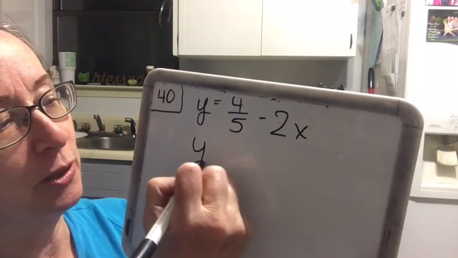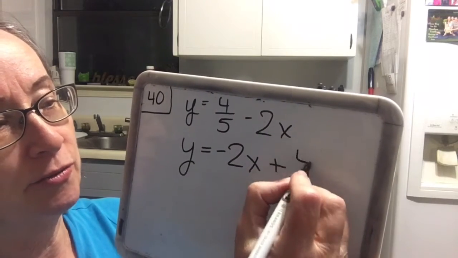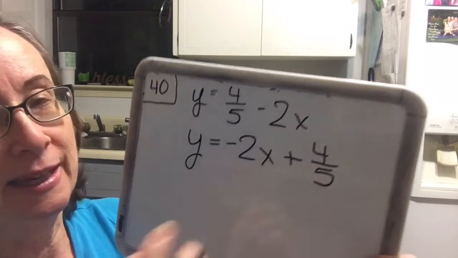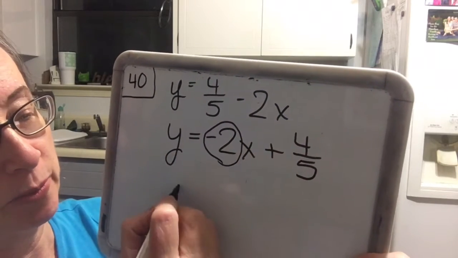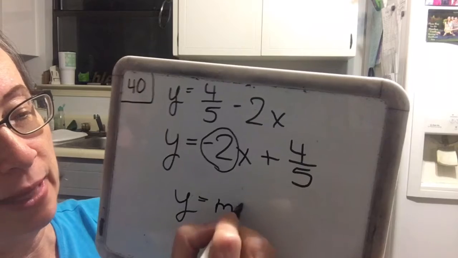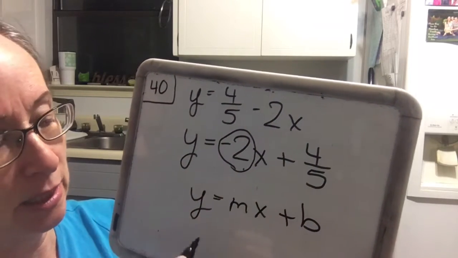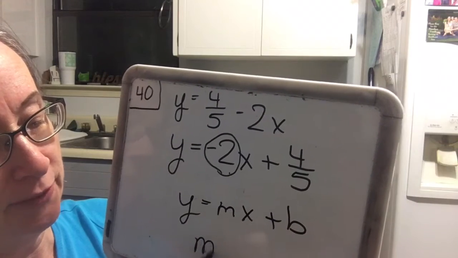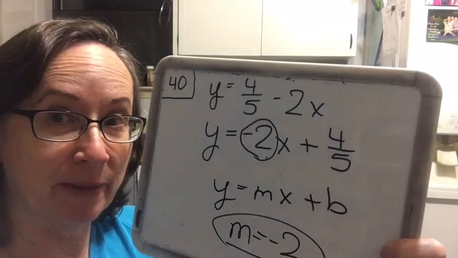Let's put it into slope-intercept form. Negative 2x plus 4/5. Now, this is my slope, because remember it's y = mx + b. So this one right here is my slope, so my slope is negative 2. They were a little tricky with that one.